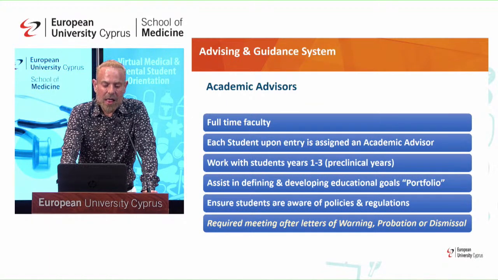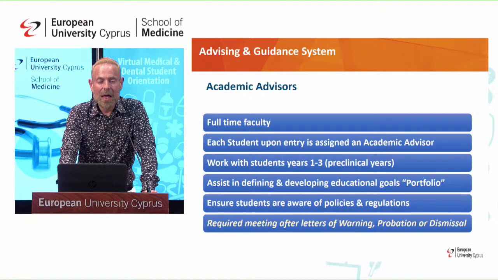And you are required to see the academic advisors when you receive letters of warning, probation, or dismissal. But my personal advice is that you meet your academic advisor at least twice a semester, irrespective of your performance.